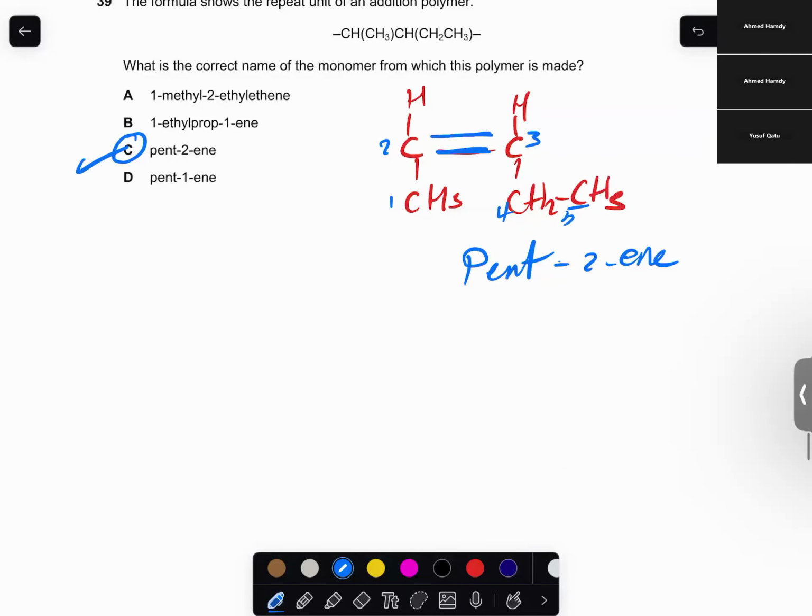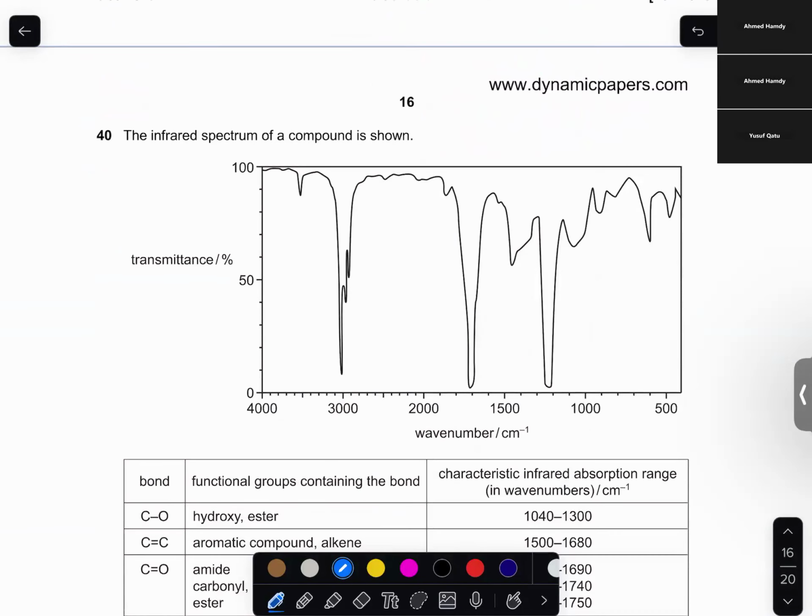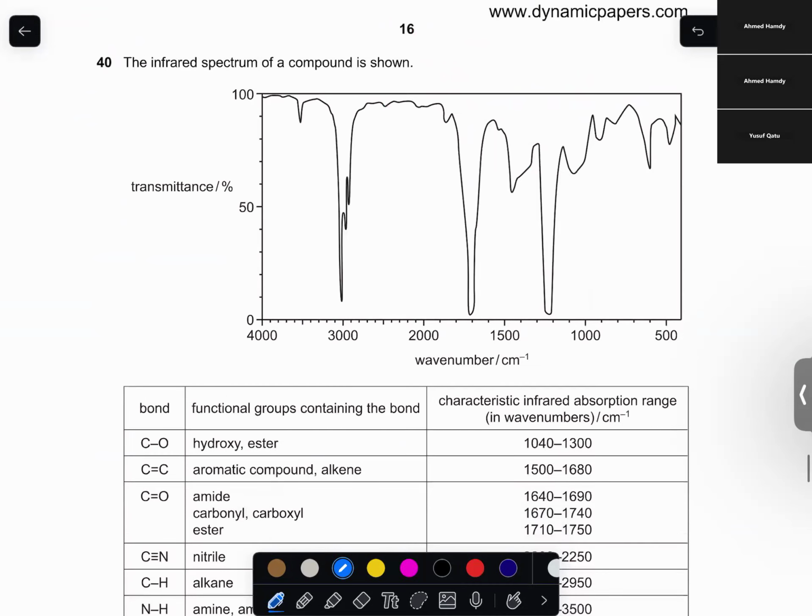Question number 40. The infrared spectrum of the compound is shown, with the transmittance and the wavenumbers. We just care about the long peaks, and forget about the short peaks. This peak near 3000 is for the OH of an alcohol.